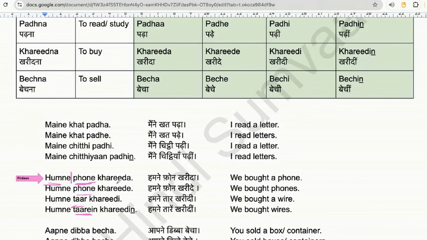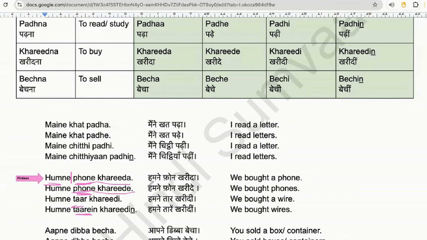Phone, phone, तार and तारें. हमने फोन खरीदा. Singular masculine, so singular masculine verb खरीदा. हमने phone, same word for singular and plural. So this is plural masculine. Go with plural masculine word. हमने phone खरीदे.